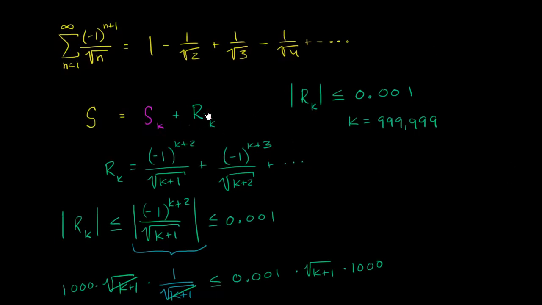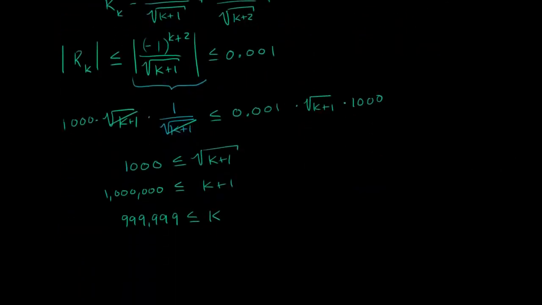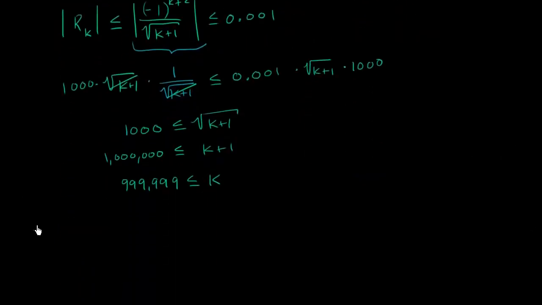So let's rewrite this again, but I'm going to expand out r sub k. We're saying that it's all going to converge to s, and we're going to take the partial sum of the first 999,999 terms, and we're claiming that this is going to be within 1,000th of this right over here.